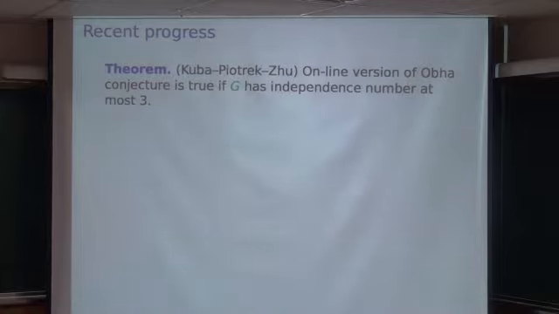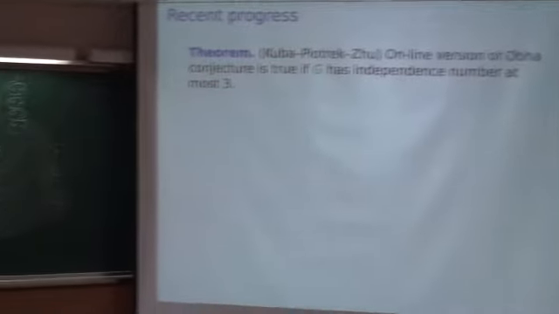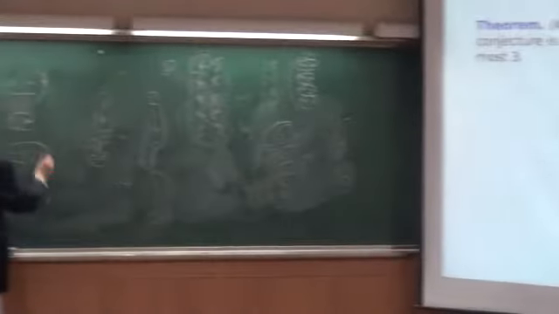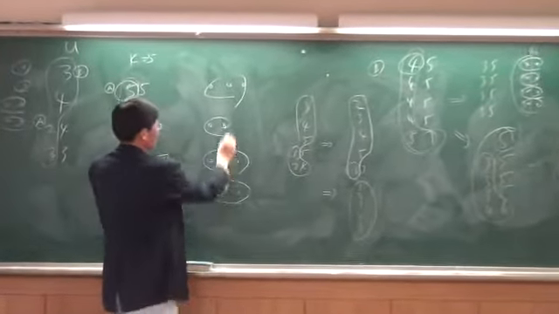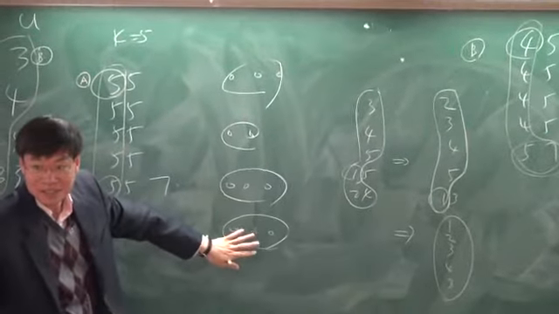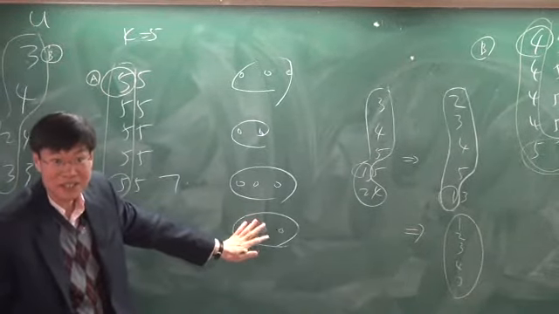So these three people proved that the online version of Ohba's conjecture is true if the independent size, the number of vertices of each subset, is m minus 3.